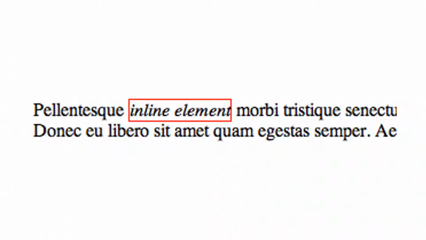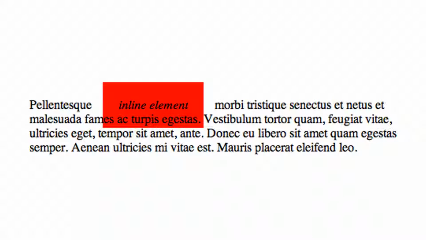Okay, and then here's another perfect example of this. It says the em element is also inline. It has a border, a 1 pixel red border all around the inline element part. And if you notice, it sits right in line with the text. Now, an inline element, here's another example of it.